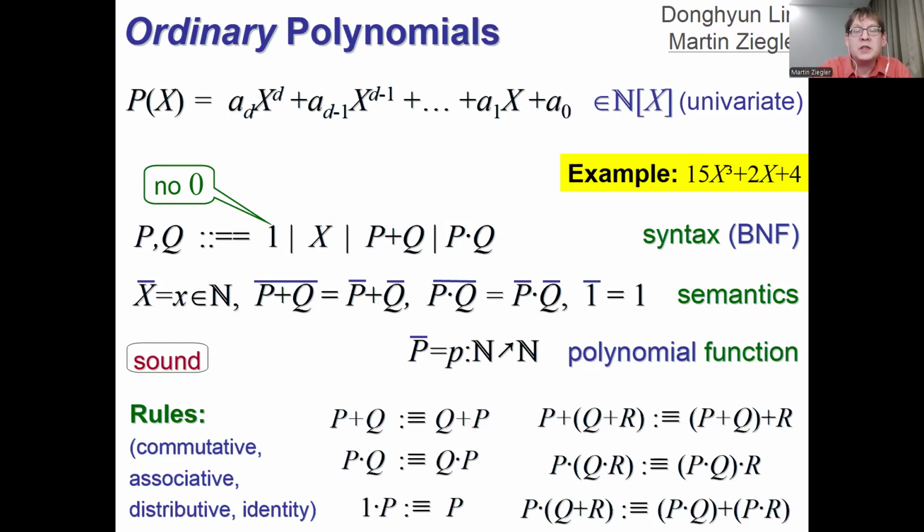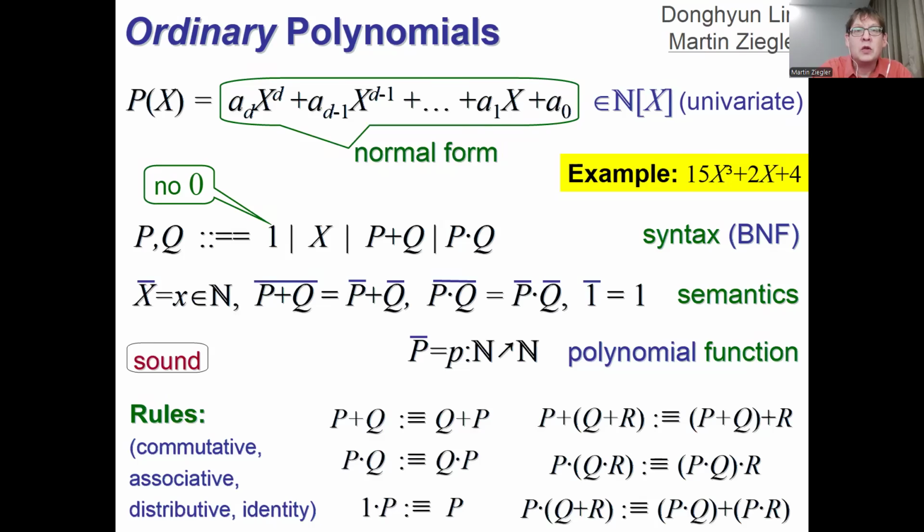And these rules are, by choice, sound, but they're also complete. Namely, using these rules, any polynomial can be transformed into the normal form above, which means the syntactically defined polynomials are exactly the same class as the ones that you already know. But now we have a formal approach.